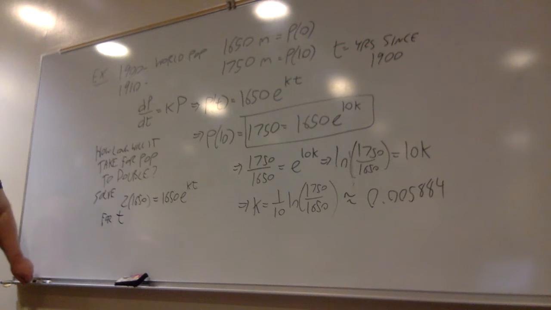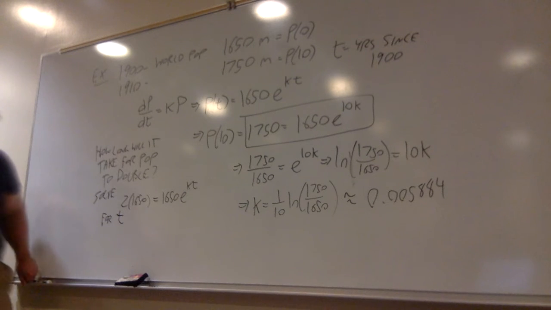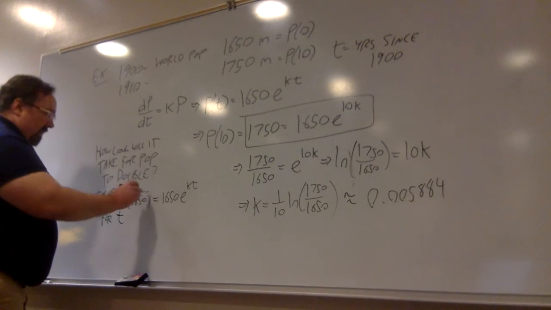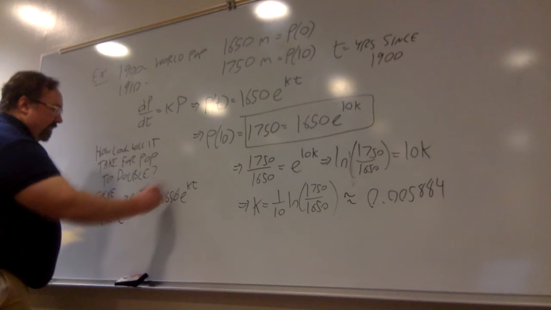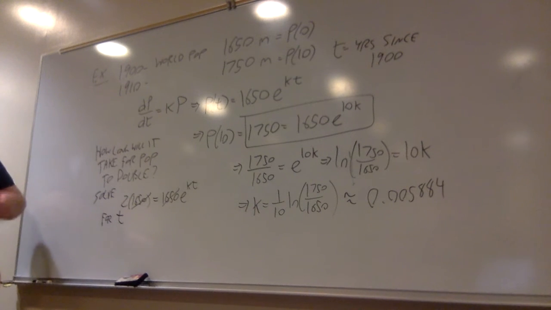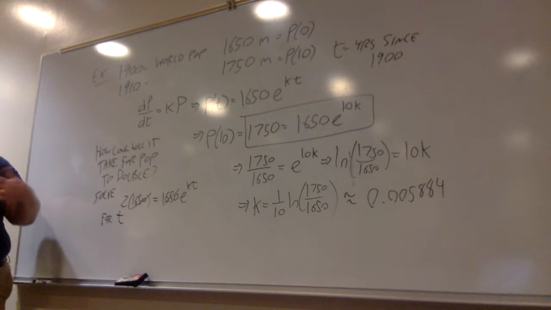What can I do right off the bat to simplify? Yeah, we divide both sides by 1650. So what this shows is the time to double has nothing to do with what the population is now. It's really determined by whatever growth rate you have.